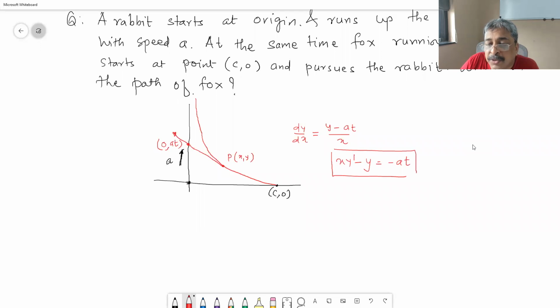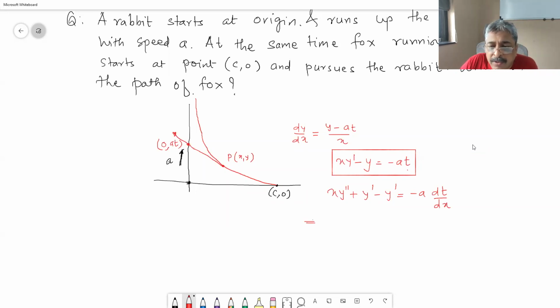That is the first thing that we get. And this is after time t, and therefore we wish to eliminate t, and hence we differentiate one more time. So x y double dash plus y dash minus y dash is equal to minus a, a constant, times dt by dx.